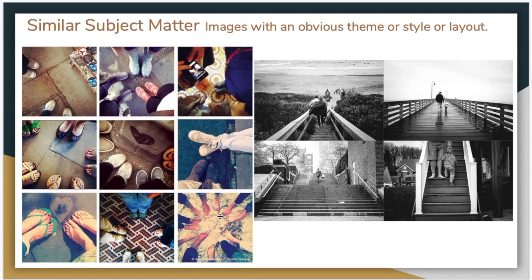Now, there's not really a similar color throughout them, but there is definitely a similar subject matter. They're all at the same angle, and that's the way she decided to present them, okay?